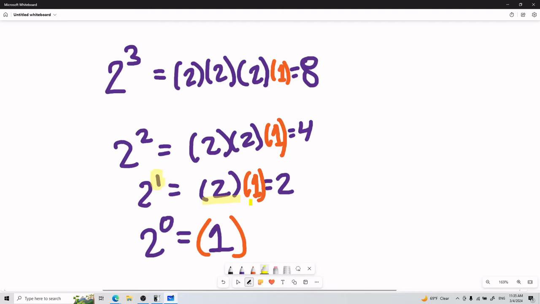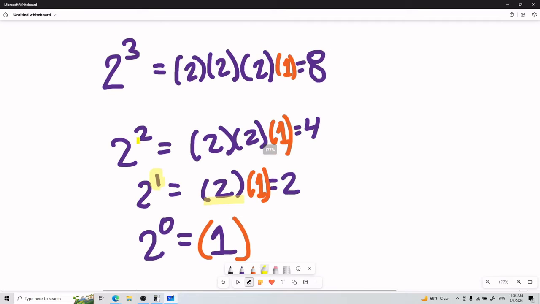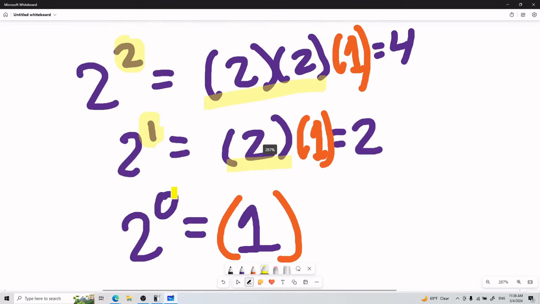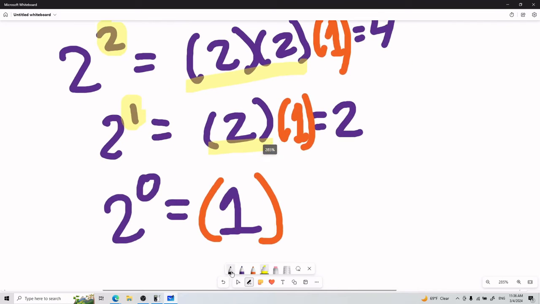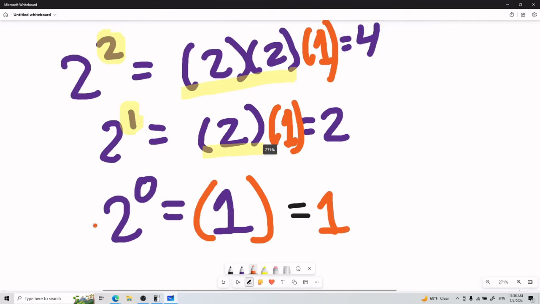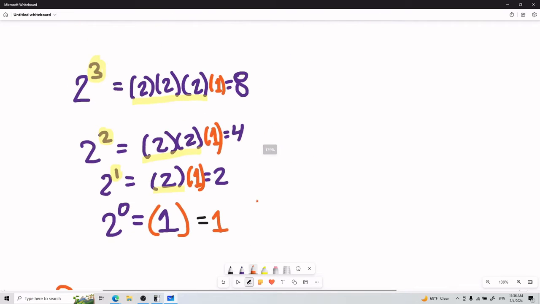If 1 two shows up, then 2 times 1 gives you 2. If 2 twos show up, then 2 times 2 times 1 gives you 4. If 3 twos show up, it's 2 times 2 times 2 times 1, which gives you 8. And if you work backwards, 2 to the power of 0 means I have 0 twos. I have just 1. So it equals 1. That is one way you can think of it.